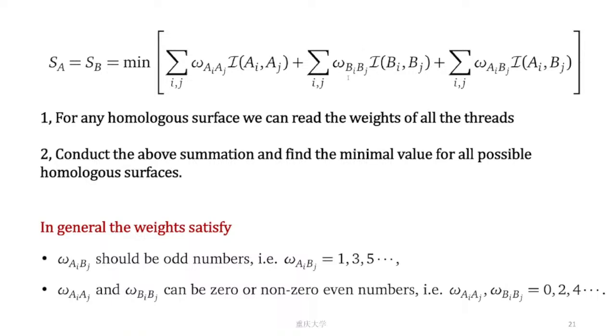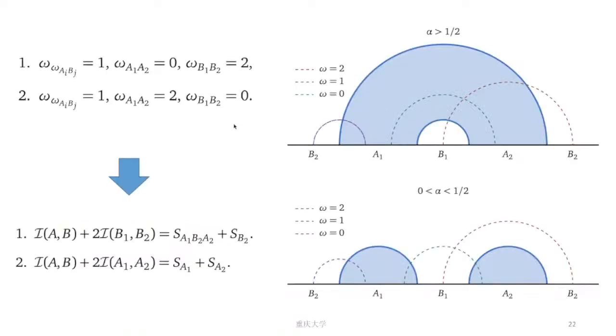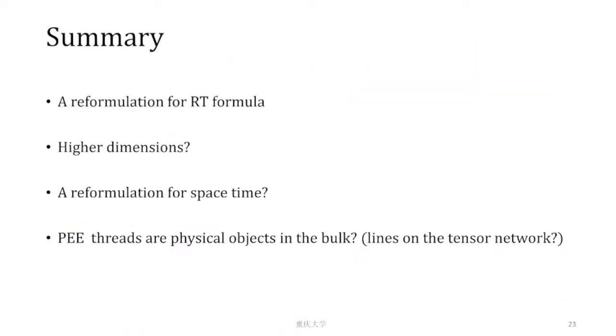This is a plausible, reasonable guess for the solution, but we are still working on this. So it's quite hopeful that this will solve our problem for non-spherical regions and give a reformulation of the RT formula in generic space-time for generic shapes.